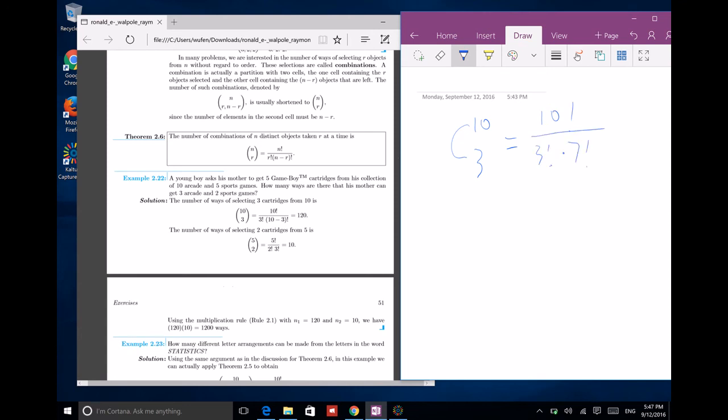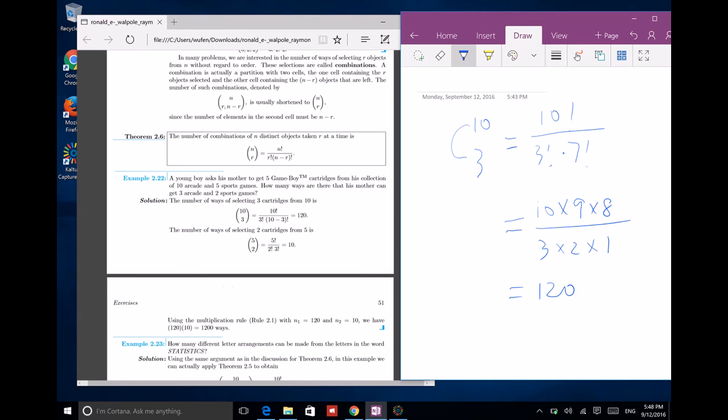That's the definition of selecting r from n. You can use your calculator to do that, or you can do 10 times 9 times 8 on the top, choosing 3 numbers going down, and on the bottom 3 times 2 times 1. They are exactly the same. Then you get 120.